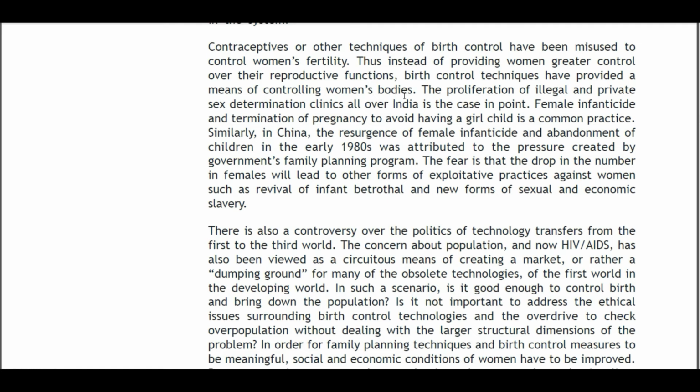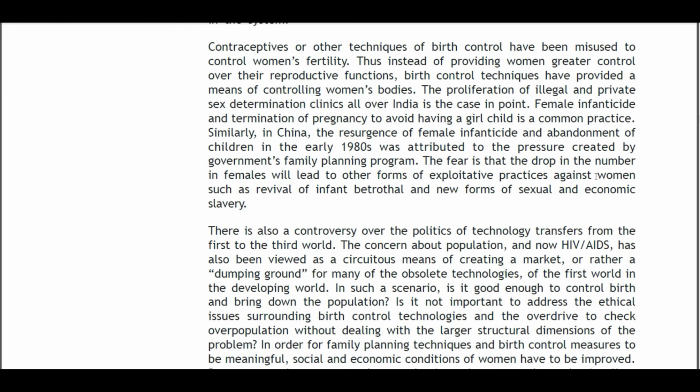The proliferation of illegal and private determination clinics all over India is a case in point. Female infanticide and termination of pregnancy to avoid having a girl child is a common practice. Similarly, in China, the resurgence of female infanticide and abandonment of children in the early 80s and 90s was attributed to the pressure created by the government's family planning program.